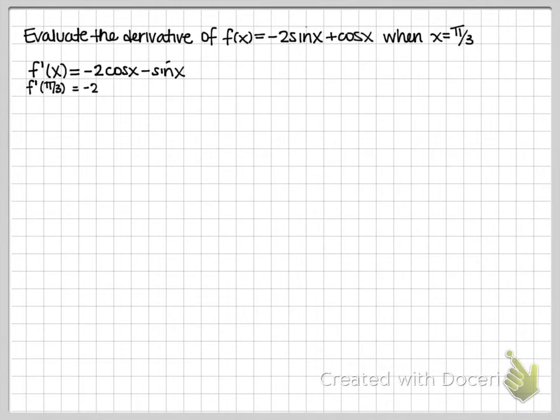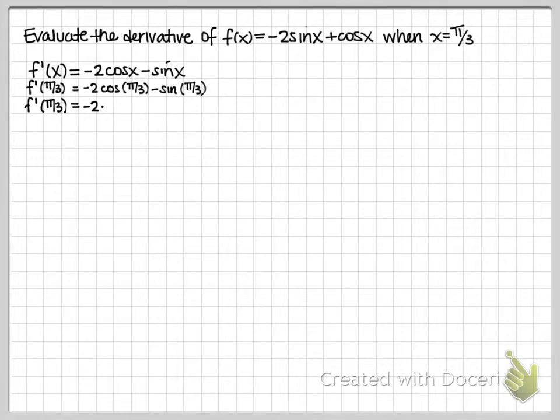So we do need to know, remember, a little bit of trig knowledge from last year. You're going to do a little bit more trig in future math classes, but in this one we just need to make sure that we know the basics, especially with the unit circle. So if I do f prime of pi over 3, I know that I'm going to do negative 2 times cosine of pi over 3.